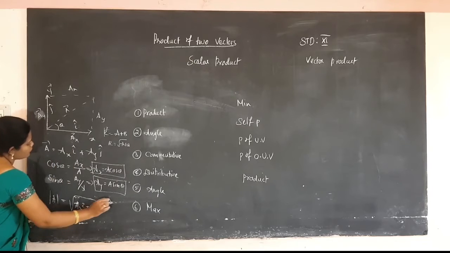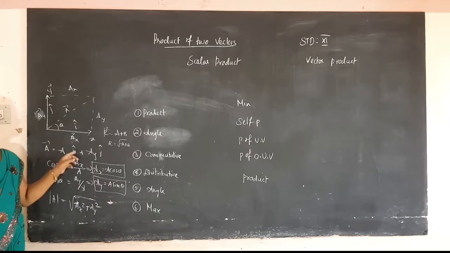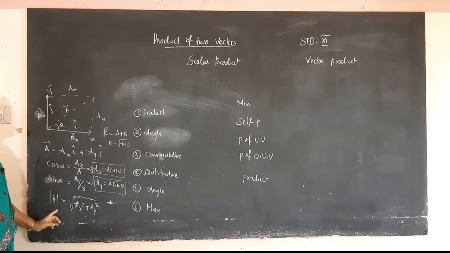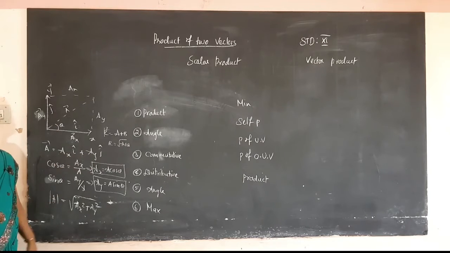This is the magnitude of the two components of a vector. One vector is considered as two components. So the magnitude, the modulus of A, is root of Ax square plus Ay square.